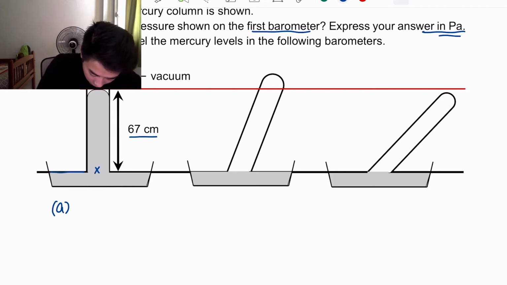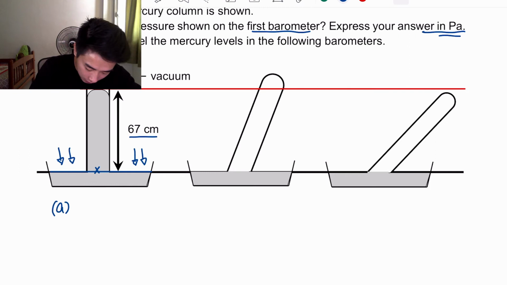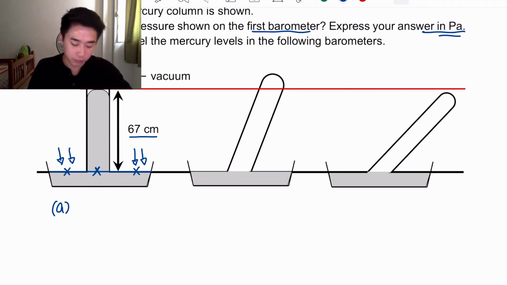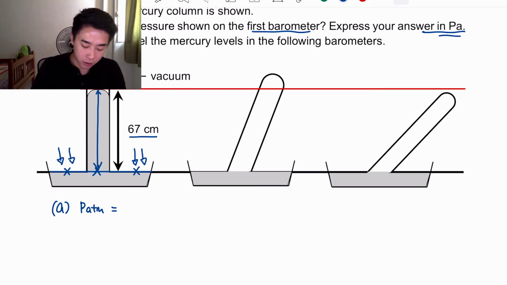If I draw a horizontal line here, I know that atmospheric pressure over here and over here will be the same as this point over here. And so my PATM, atmospheric pressure, will simply be the same as the pressure caused by this column of mercury above this point.